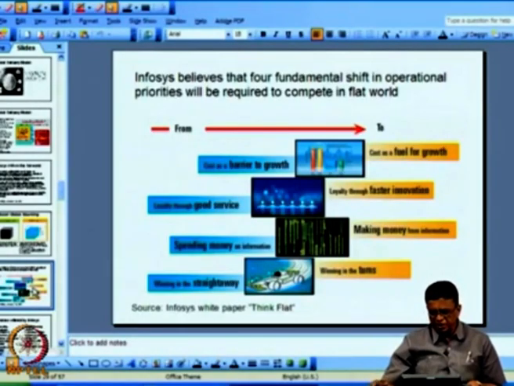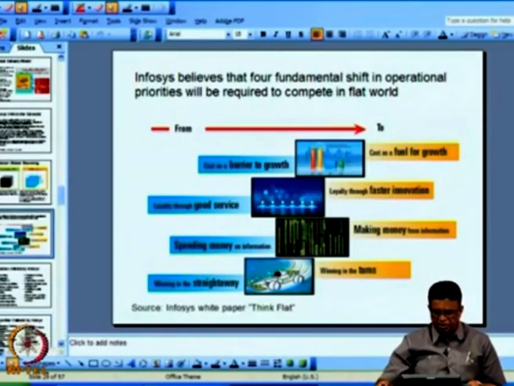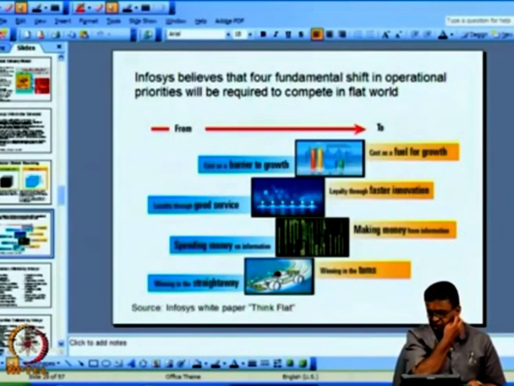If you really see, cost as a fuel for growth, loyalty through faster innovation, then making money from information, then winning in the turns.